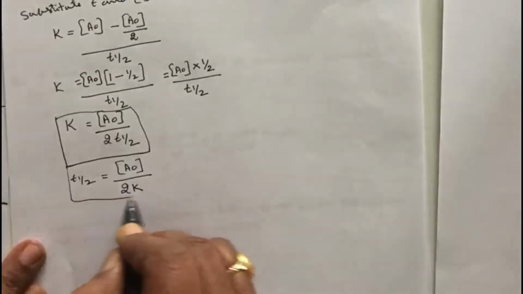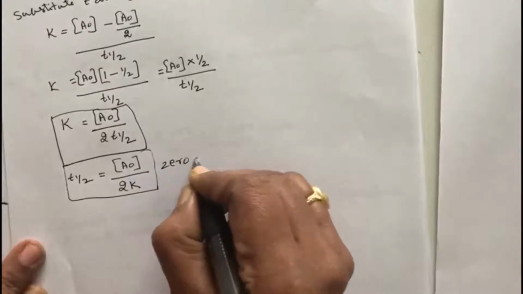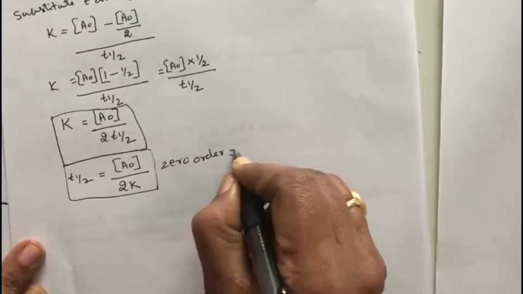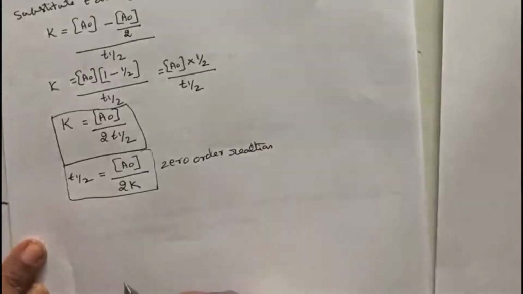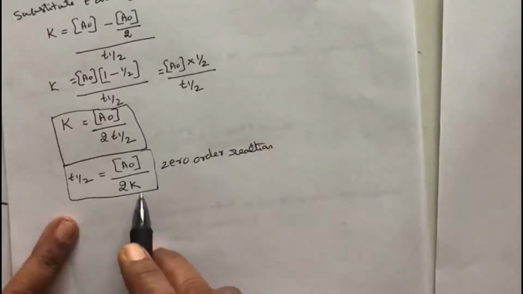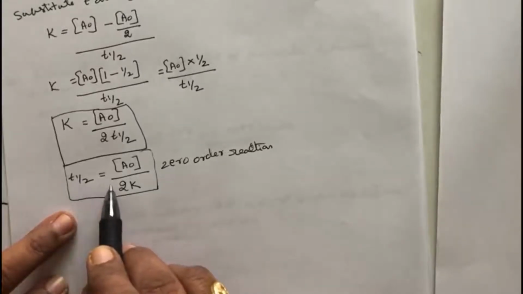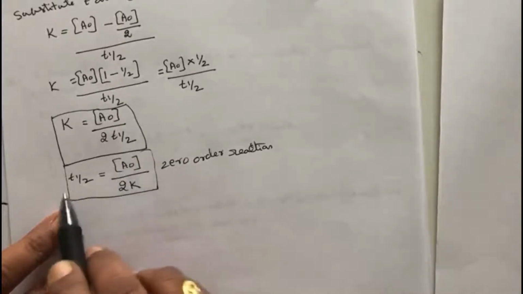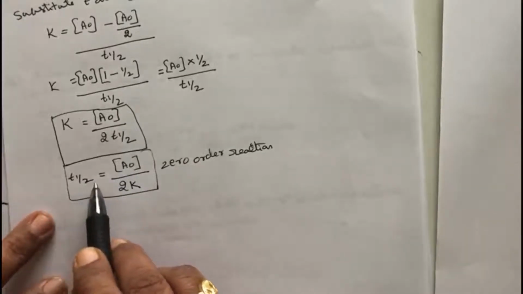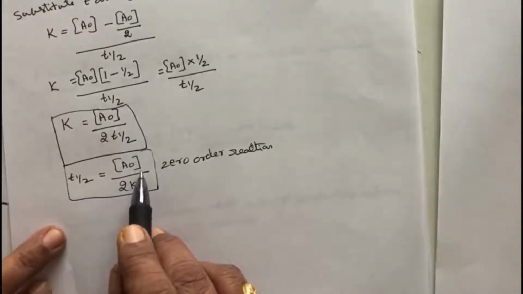This is the half-life equation for zero order reaction. This shows that the half-life of the zero order reaction depends upon the initial concentration of the reactant, that is T half is directly proportional to the initial concentration of the reactant.